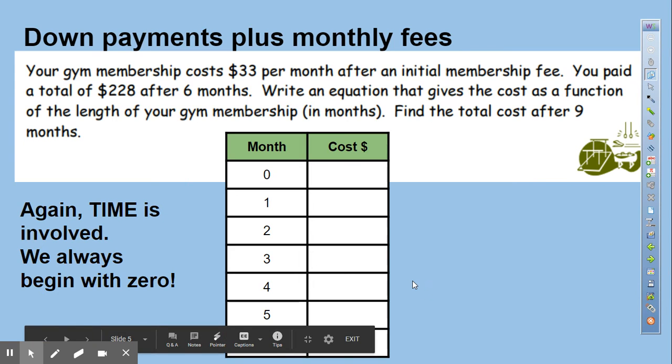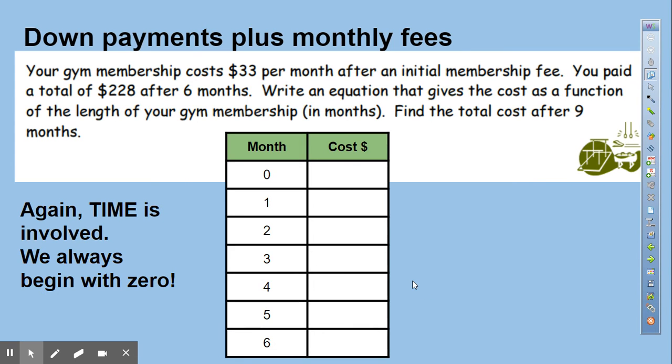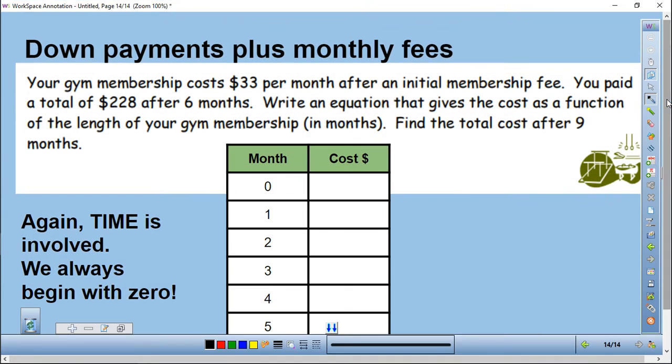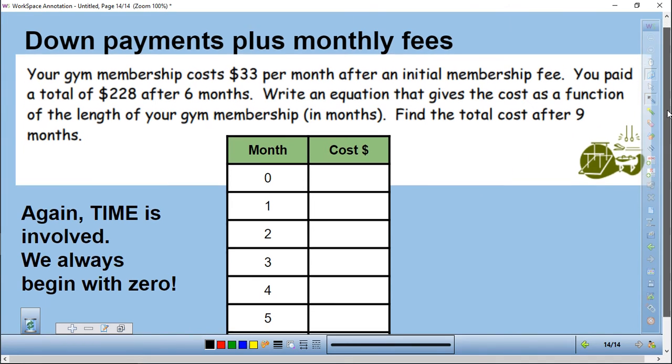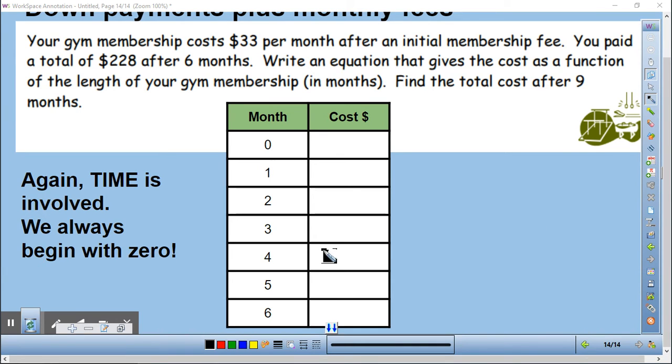Your gym membership costs $33 per month. After an initial membership fee, you paid a total of $228 after 6 months. Write an equation that gives the cost as a function of the length of your gym membership. All right. And then we want to find 9 months. All right.